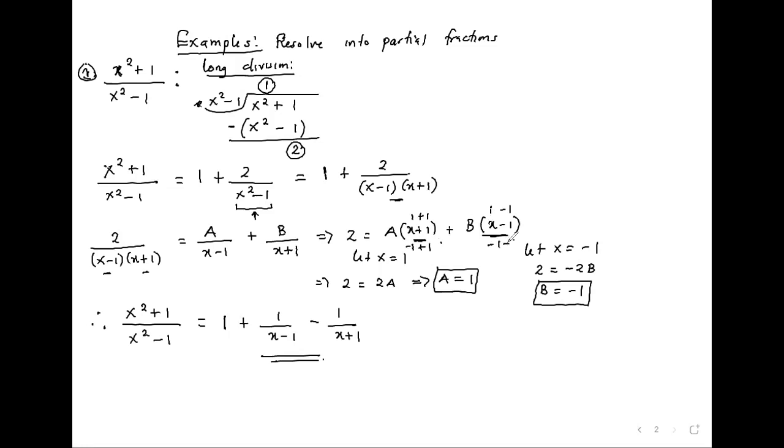But here, -1 minus 1 will help us get the value of B. So I've made good choices of x that will help us get A and B. So, sir, our area of interest here is to find a value that will eliminate either A or B. Yes.